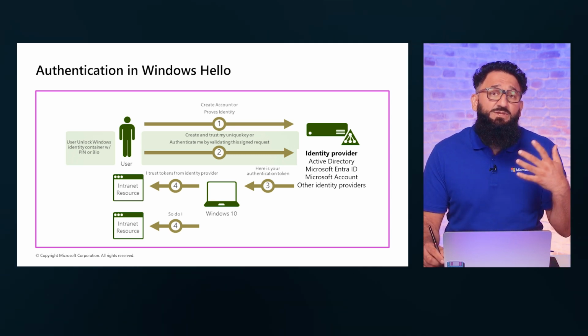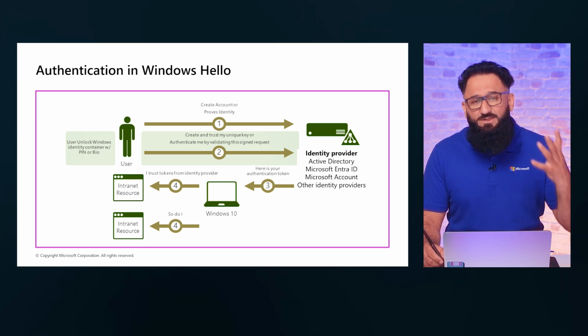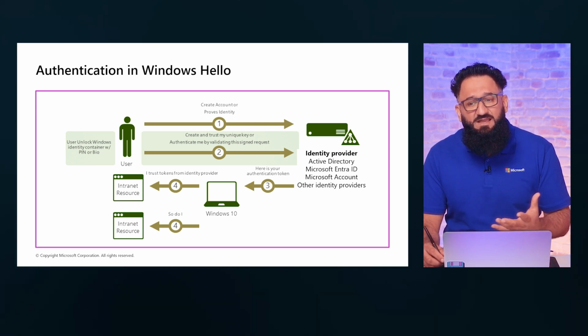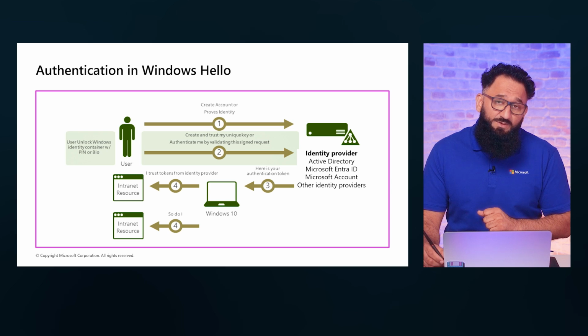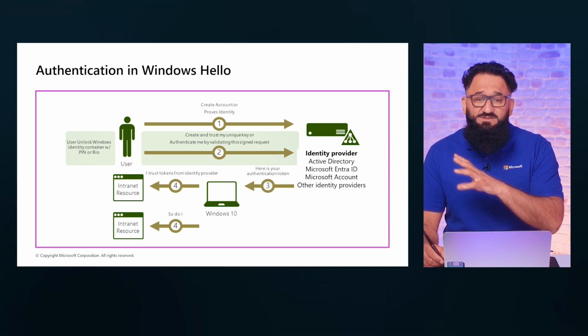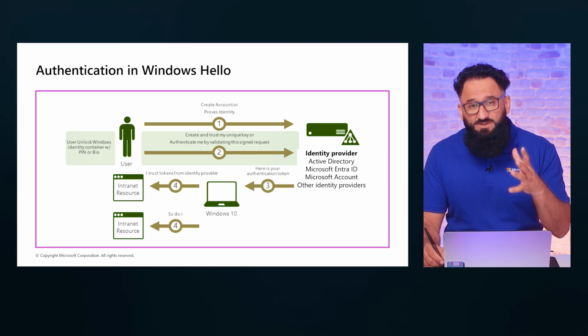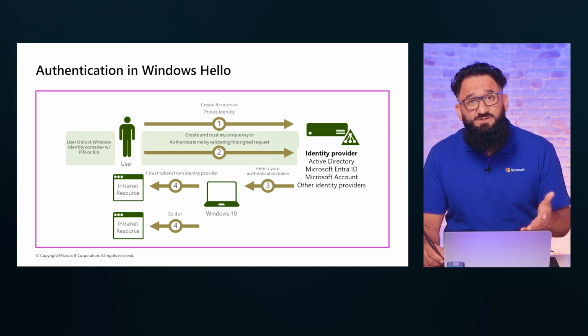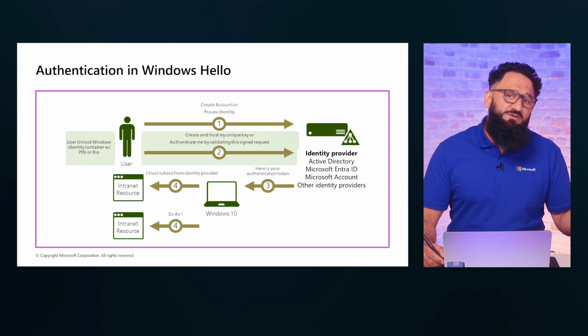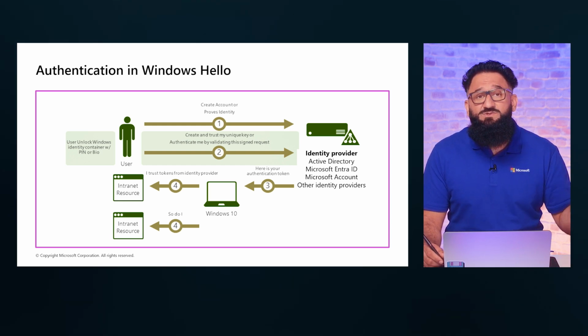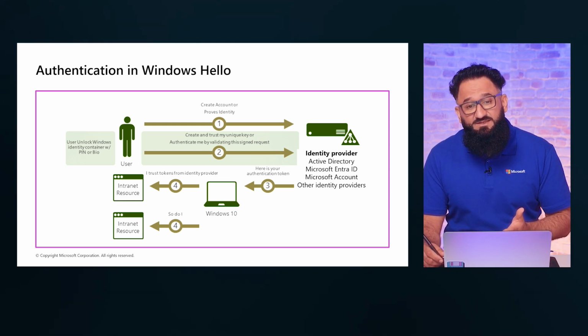In our case, this could be Microsoft Entra ID, or on-prem, you might have your Active Directory where you're authenticating to. As a result, it bounces back with a token that's been offered to the device, which in return verifies the user that is logging onto that device.